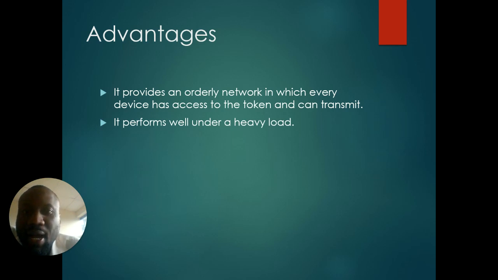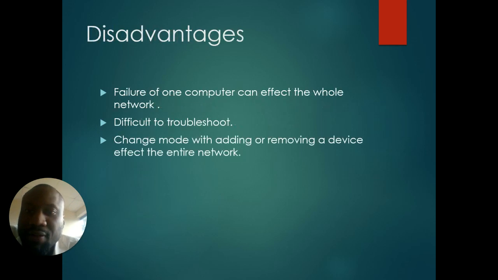It performs well under a heavy load. Disadvantages: failure of one computer can affect the whole network. Difficult to troubleshoot. Changes such as adding or removing a device affect the entire network.